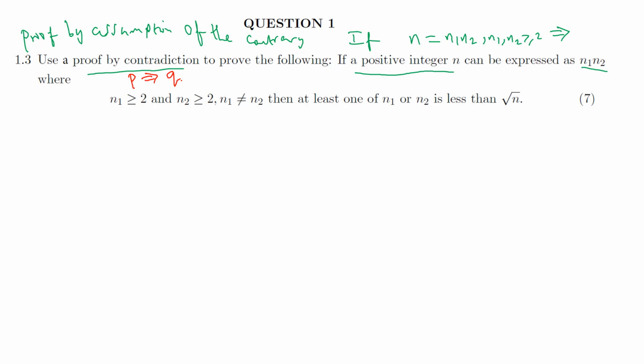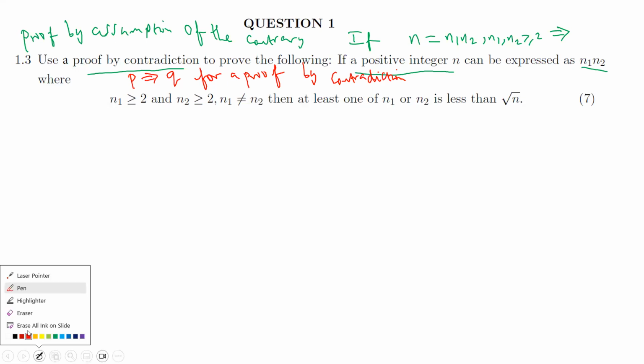There's something called a scheme of the proof by contradiction.